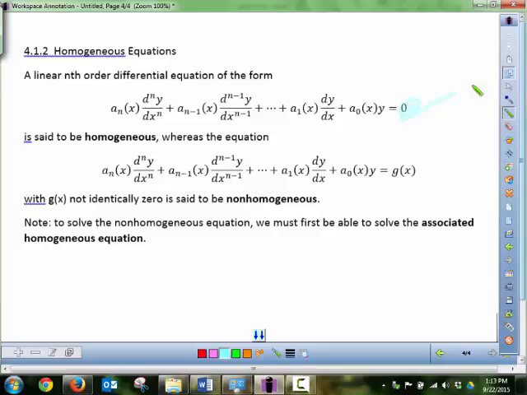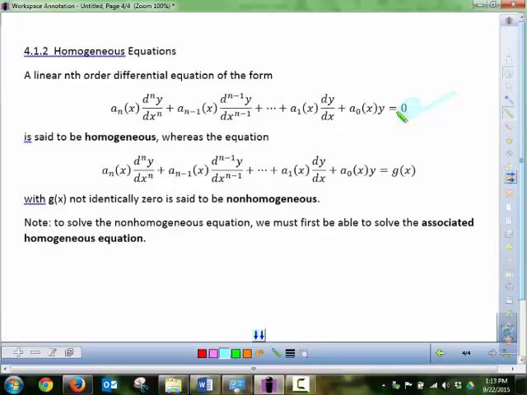That actually will make our work a little bit easier. It also turns out that if you're solving a non-homogeneous equation, the first step to your solution is to solve the homogeneous equation first. It's kind of a neat idea.